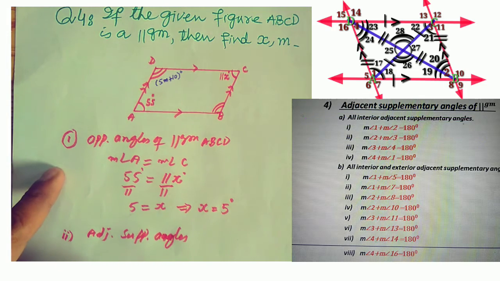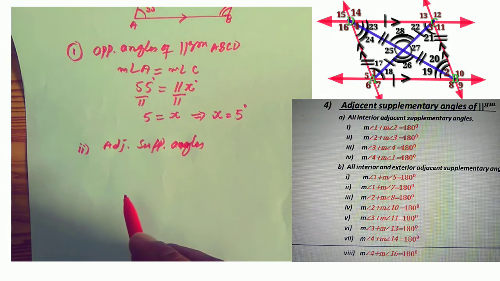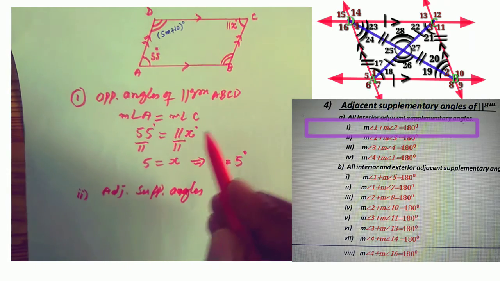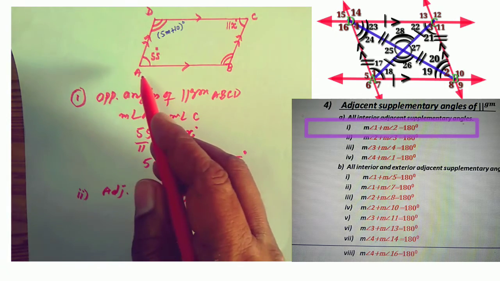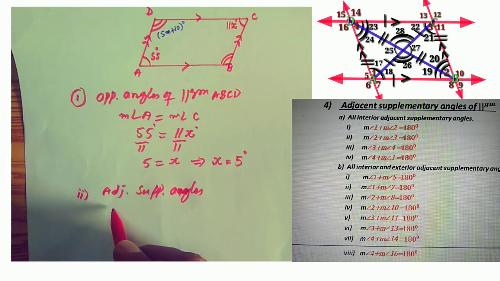Parallelogram ABCD, in which measure angle A plus measure angle B is equal to 180.